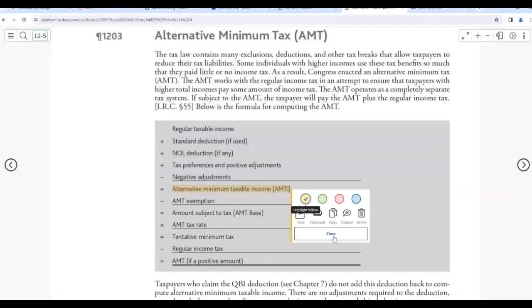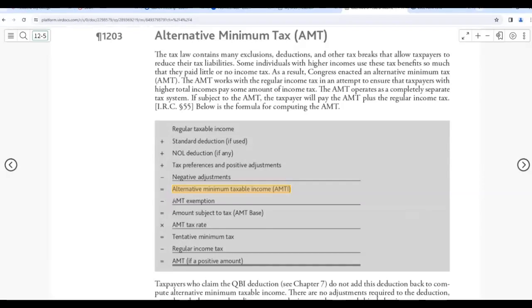You're adding all those things back in to say, okay, I know your taxable income is this, but if we add back all this stuff, how much taxable income do you really have? Then you come up with that number, whatever it might be.